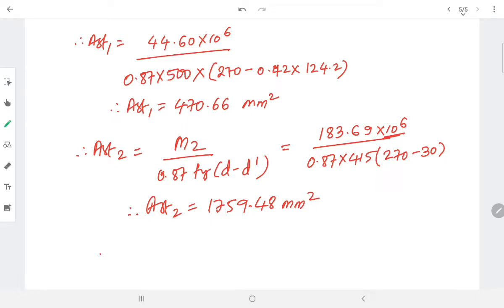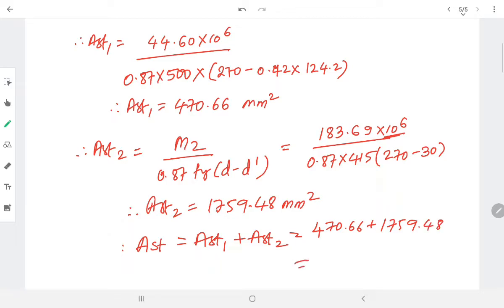So total AST is AST1 plus AST2, which is 470.66 plus 1759.48. Together you get 2230.14 mm square. This is the value of AST.